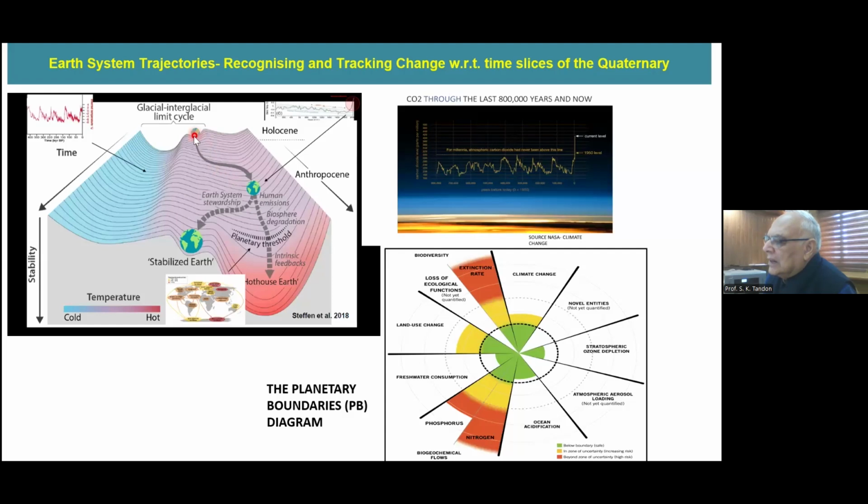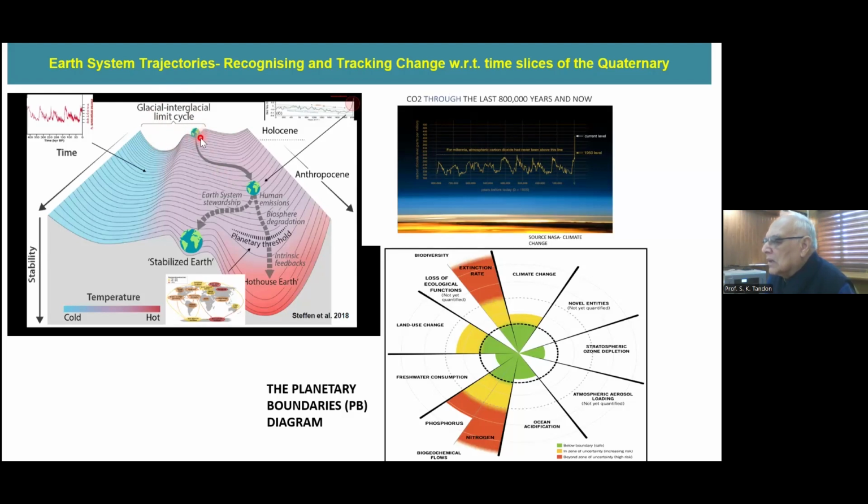So you can see that the limit cycles for the long term, for a million years, are the glacial-interglacial limit cycles, where essentially the Earth's orbital parameters are the main controlling factor. It is the Earth's precession, it is the obliquity, and it is the eccentricity. Now, the Earth has shifted now to somewhere over here.